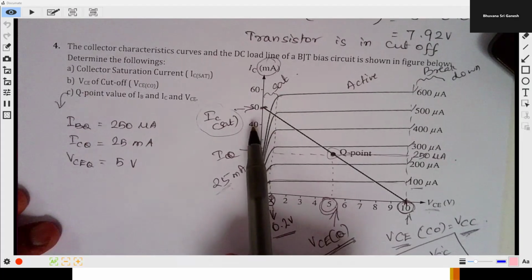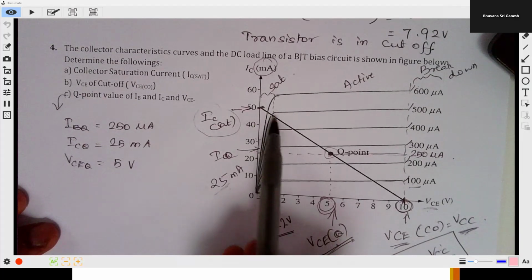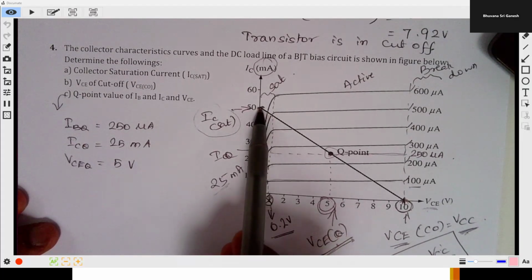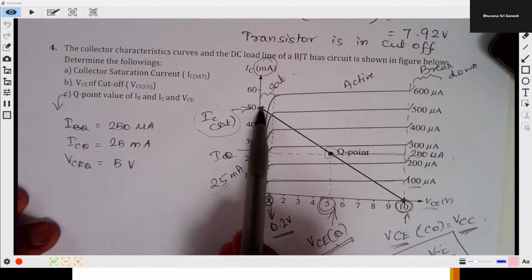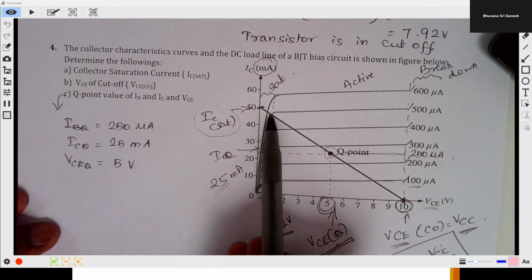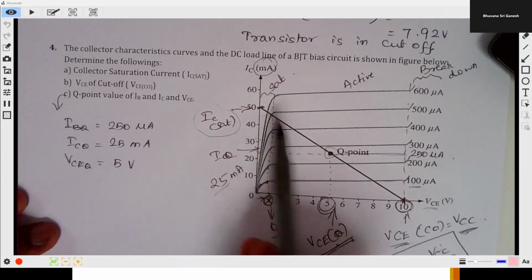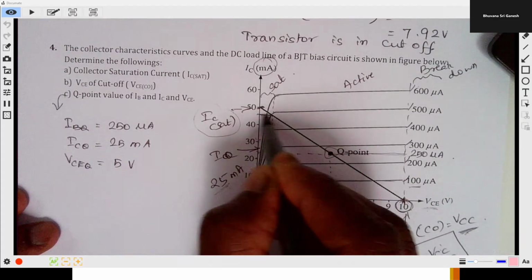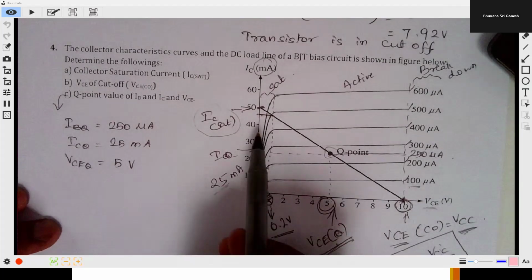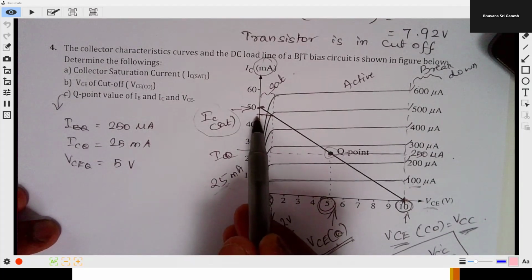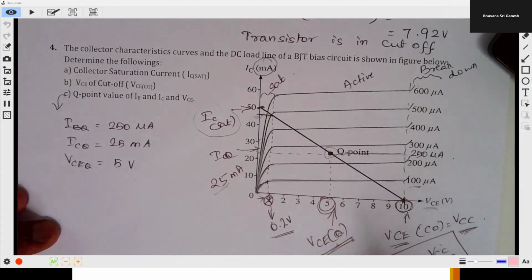Exactly speaking, this is the first curve touching the DC load line, right? So when you drop a perpendicular to the y-axis like this, in this case you cannot clearly say this is 45 in the middle and 1 milliampere more, 46 milliamperes we can say.